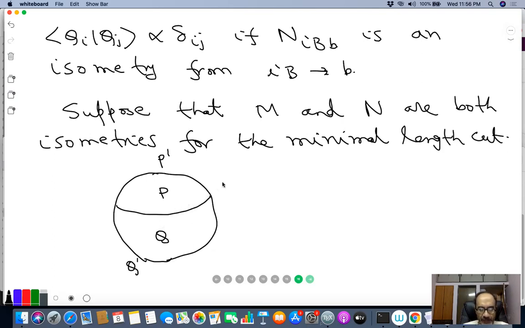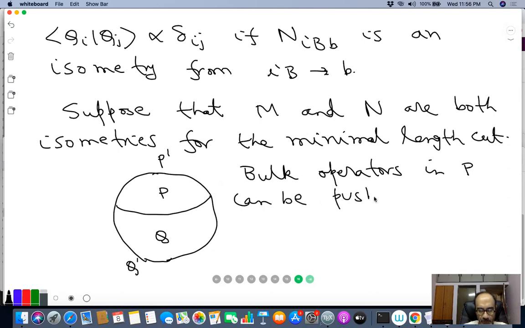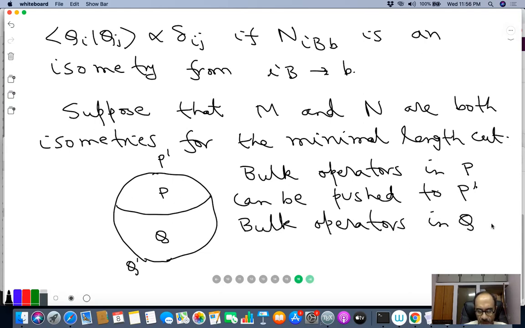So this has the immediate consequence that the bulk operators in P can be pushed to P prime, and bulk operators in Q can be pushed to Q prime.